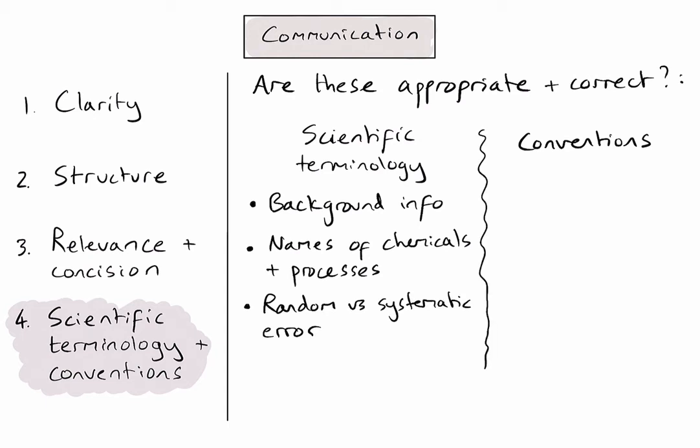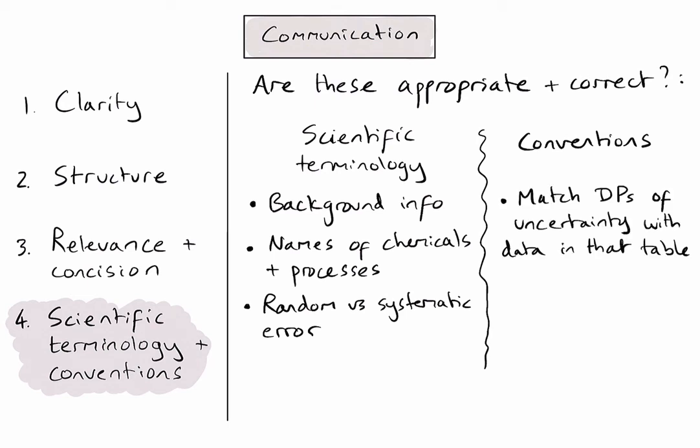Conventions are scientifically agreed upon ways of doing things in an investigation. To make sure that your scientific conventions are appropriate and correct, you might want to consider things like making sure the decimal places in your uncertainty matches the decimal places of the data in that table.